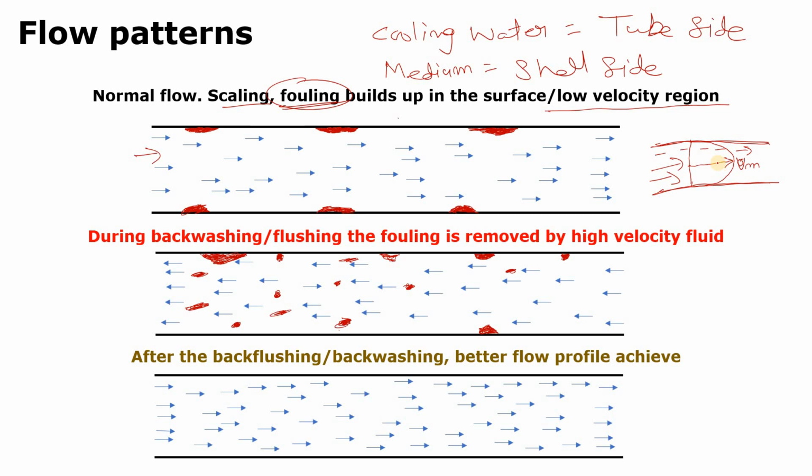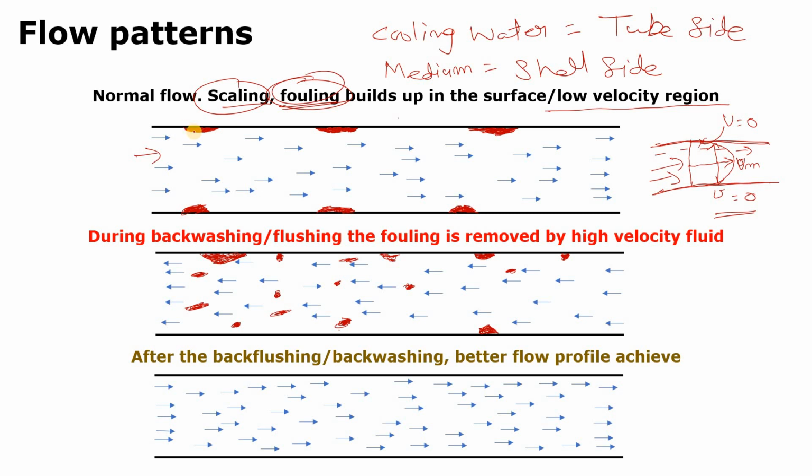When you go towards either side, the velocity decreases. Got my point? At the surface the velocity will be 0, and at this surface as well the velocity will be 0.